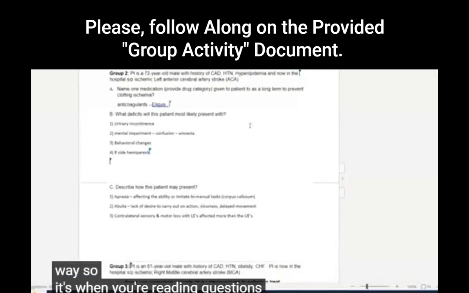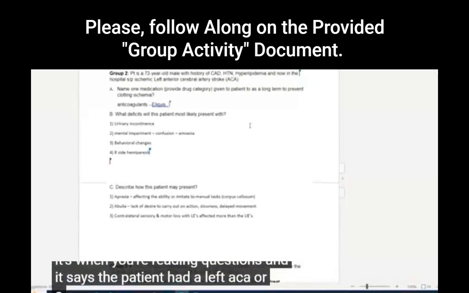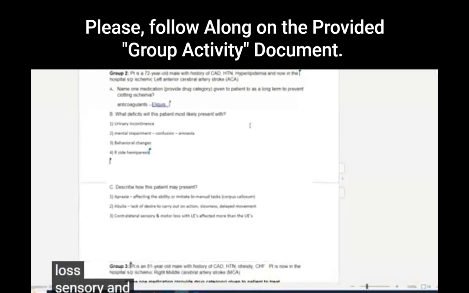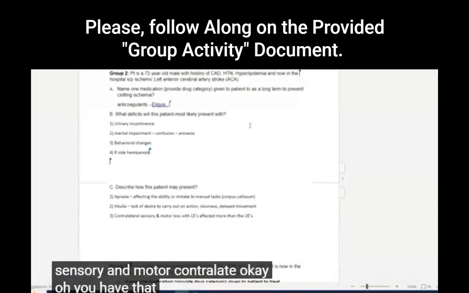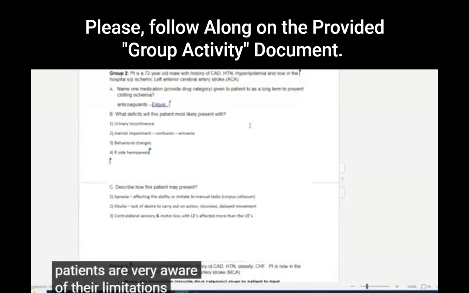When you're reading questions and it says the patient had a left ACA or a right MCA, it's always going to be contralateral loss, sensory and motor, contralateral. Oh, you have that ingrained in you. It's contralateral. Great job. These patients are very aware of their limitations on the left.